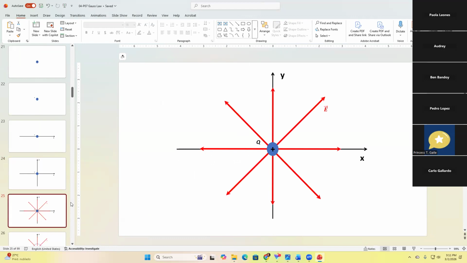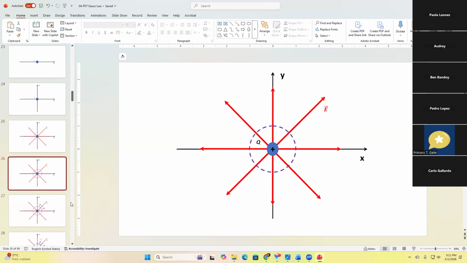In the next step of Gauss's law, what do we have to do? We have to come up with a closed surface that encloses this charge, but on top of that, the whole set, the charge and the surface, must have some symmetry with respect to each other.